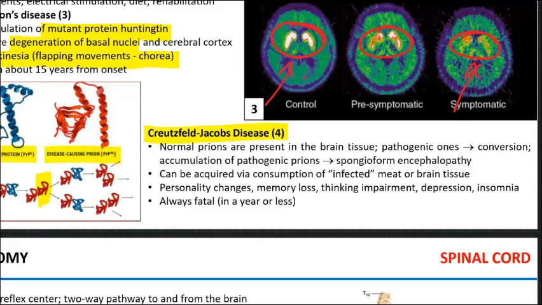Now, where does it come from? So, the classic CJD comes from the consumption of nervous tissue of animals that have it as well. You've probably heard about mad cow disease. Yes. People who ate that meat many years later got Creutzfeldt-Jakob. The incubation period is super long. Just the brain?